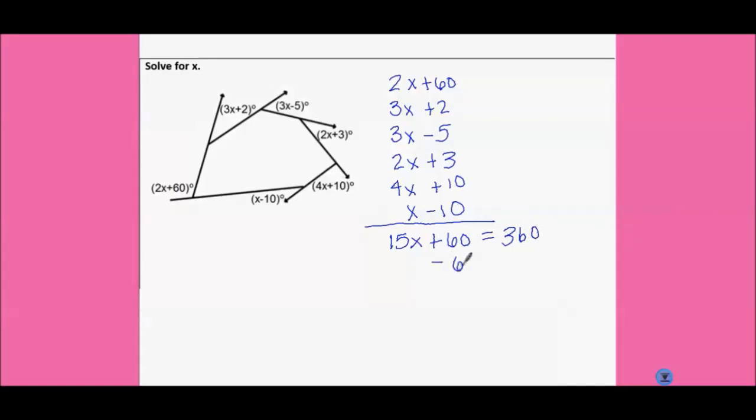So now we're going to solve. Subtract 60 on both sides. 15x equals 300. Divide both sides by 15. And we get that x is equal to 20.